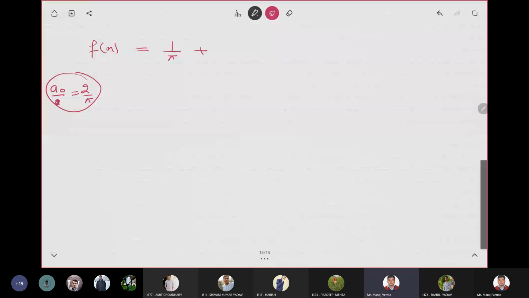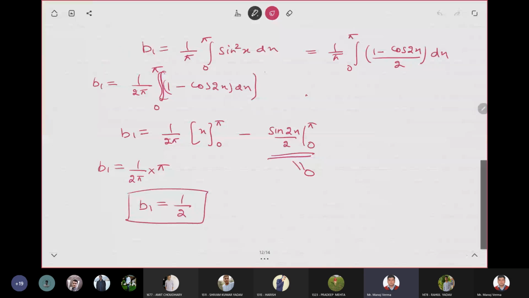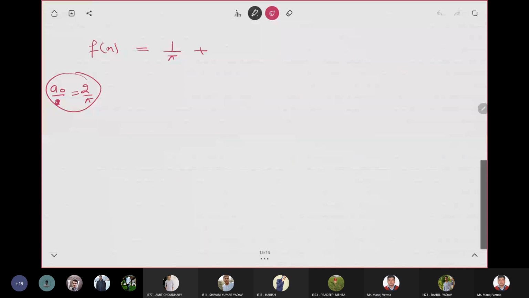A1 was 0, so there was no first cos x term. And an was minus 2 by (n square minus 1) pi, right?